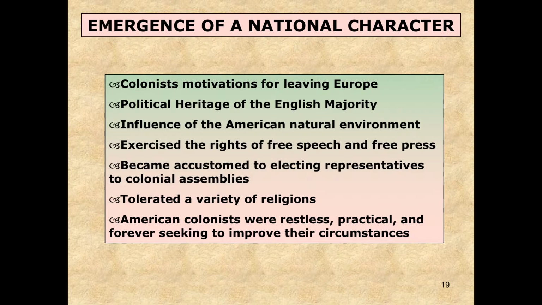Colonists' motivations for leaving Europe, I mean, think of New England. They left for religious freedom, right? So they have that shared experience. The southern colonies, they left for economic opportunity, so they have that experience. So you see, I mean, the colonial regions are starting to unite as far as the regional identity. What we don't have yet is a national identity. That's going to emerge later.